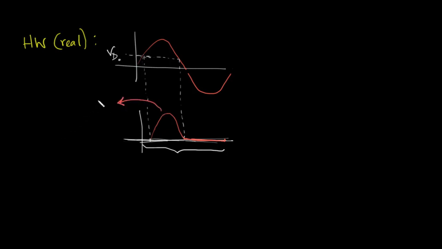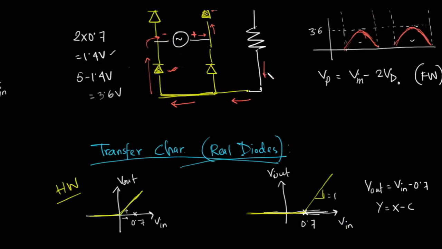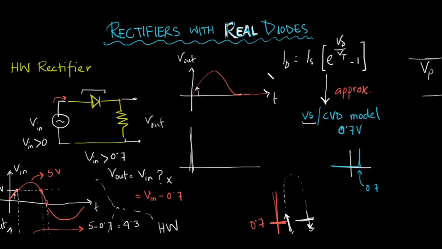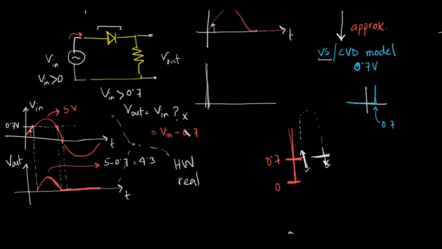What is the equation for this graph? In the previous case, if the input was Vm sin omega t, the output was also Vm sin omega t, because the input was equal to the output. But for a real diode, if the diode turns on, the input and output voltages are not the same, if you remember correctly. Let me just skim over to what we learned. Yeah, so this was our rectifier circuit.